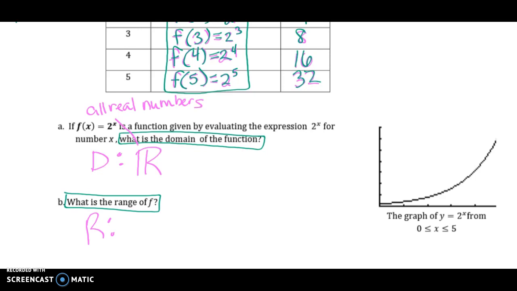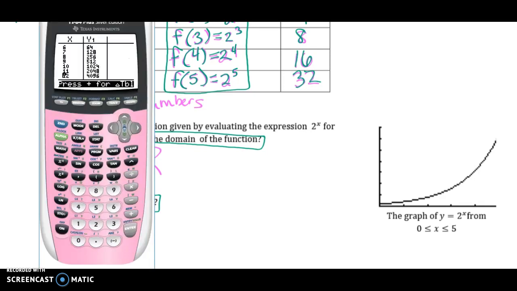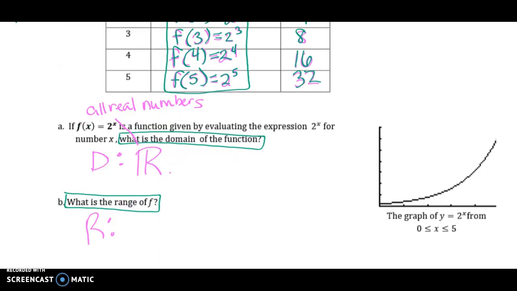And if we come back to that graph that I had, I remember I said it comes this way and it just keeps going, and comes this way and just keeps going. It's going up and out over there. So that means there's no restriction for the domain. I can plug any x value inside of it, and I'm going to get an answer. They're either going to continue to get smaller forever and get really close to 0, or they're going to continue to get bigger forever and approach infinity. So I'm done on the domain.